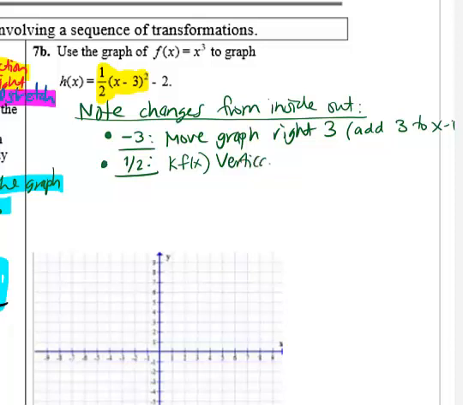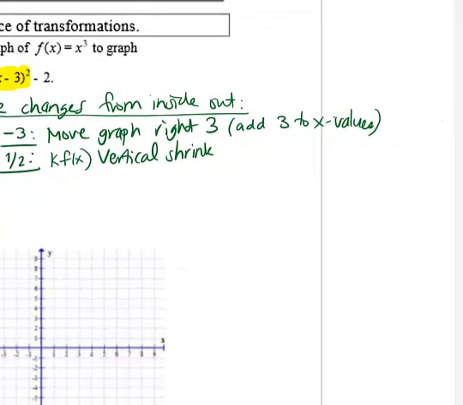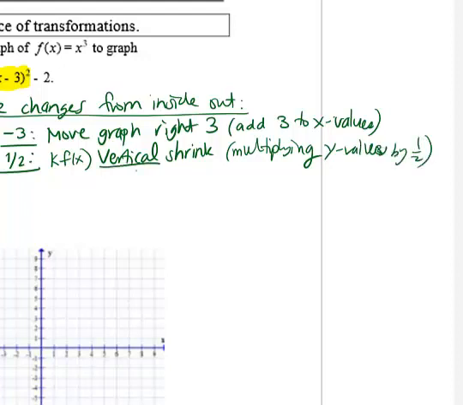Vertical shrink by a factor of a half, which means you're going to be multiplying y values by a half. And I know it's y values because it's a vertical change. Vertical changes happen to the y values, horizontal changes happen to the x values.